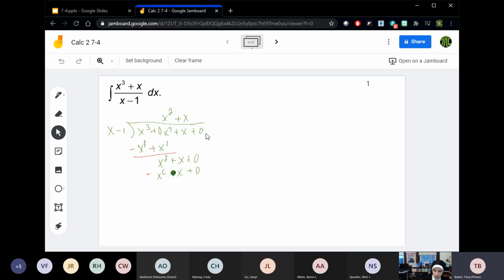Change my signs, and I get 2x plus 0. x goes into 2x twice, so it's plus 2. So I get 2x minus 2. Change my signs, and I'm left with 2. So this integral is now x squared plus x plus 2 plus 2 over x minus 1.